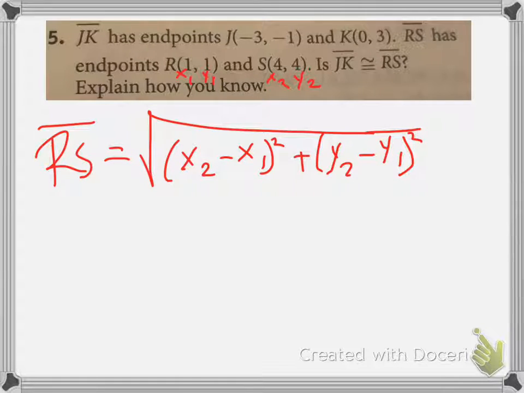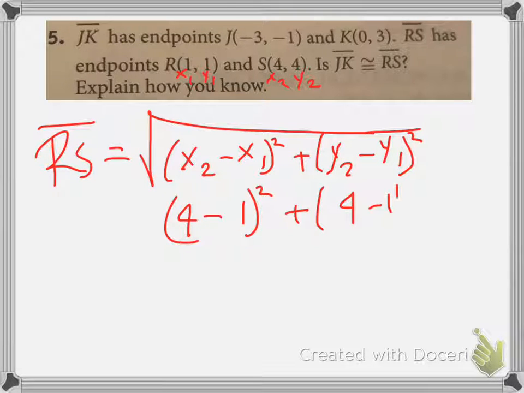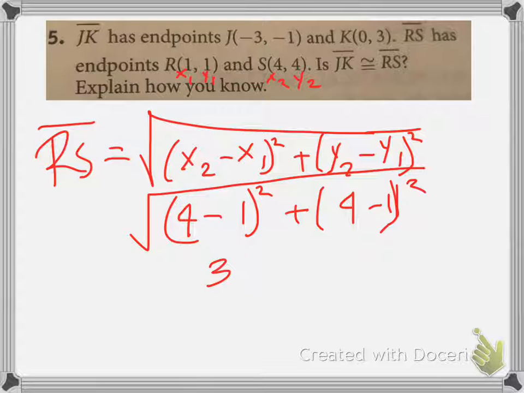So x2 is 4 minus x1 which is 1, squared, plus y2 which is 4 minus 1, squared. 4 minus 1 is 3 squared, and 4 minus 1 is also 3 squared.